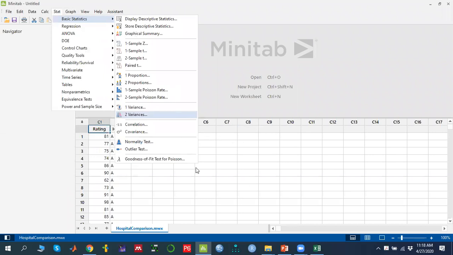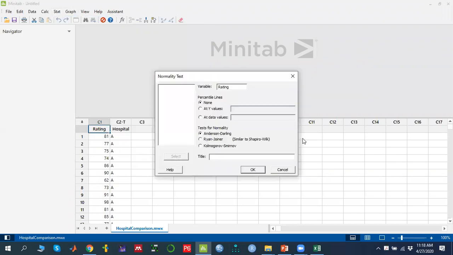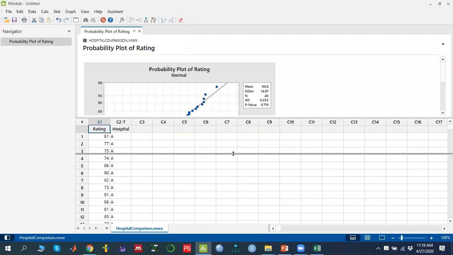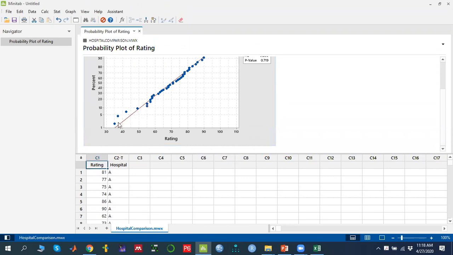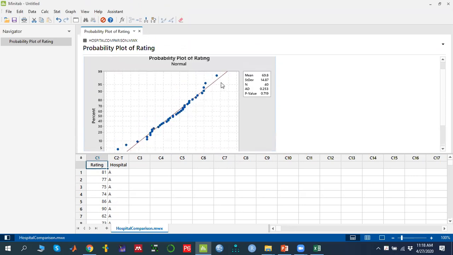As we discussed in the previous video, we can apply either the Anderson-Darling test, the Ryan-Joiner test, or the KS test, meaning the Kolmogorov test, to check normality. I am applying the Anderson-Darling test and pressing OK. Here is the ideal normal probability plot, indicated with the red line. If the blue dots lie exactly on the line, then we say the data is normally distributed.